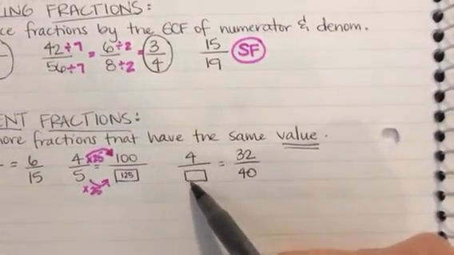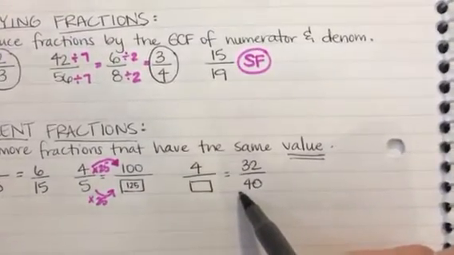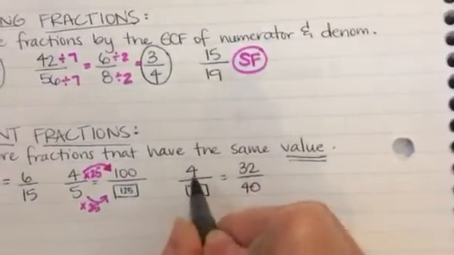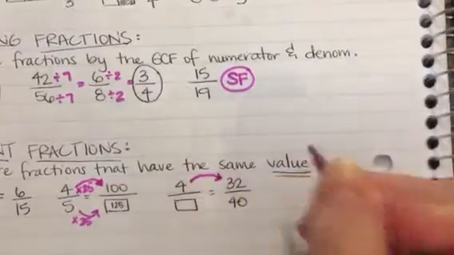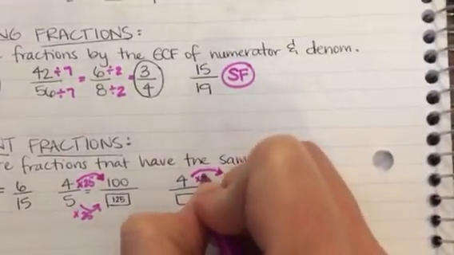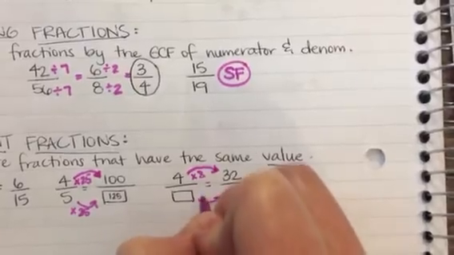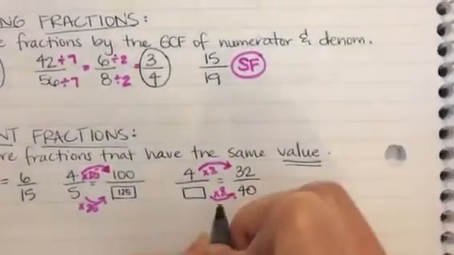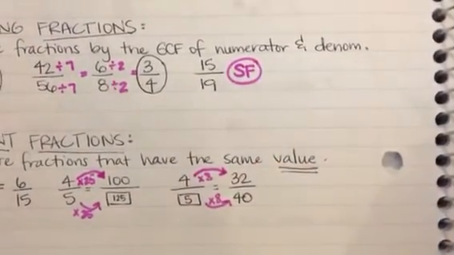You're just trying to figure out how is it that I can get from here to here. So I have 4 times what gives me 32? Well, I know that that is a relationship of times 8. So something times 8 has to give me 40.